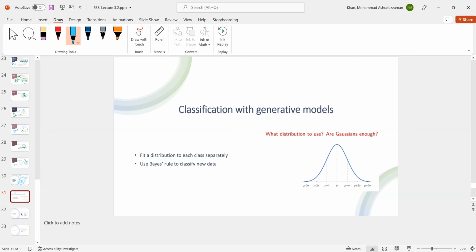But the data set will not always follow a Gaussian distribution, and there are some cases where we may find better accuracy if we don't start from the Gaussian distribution.